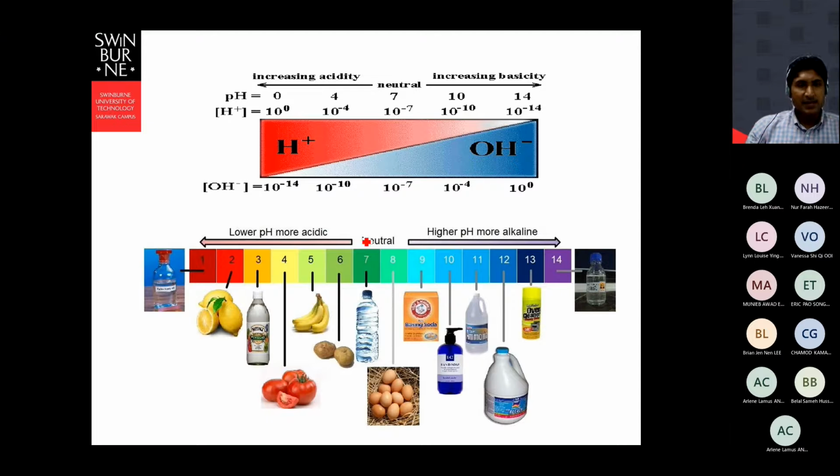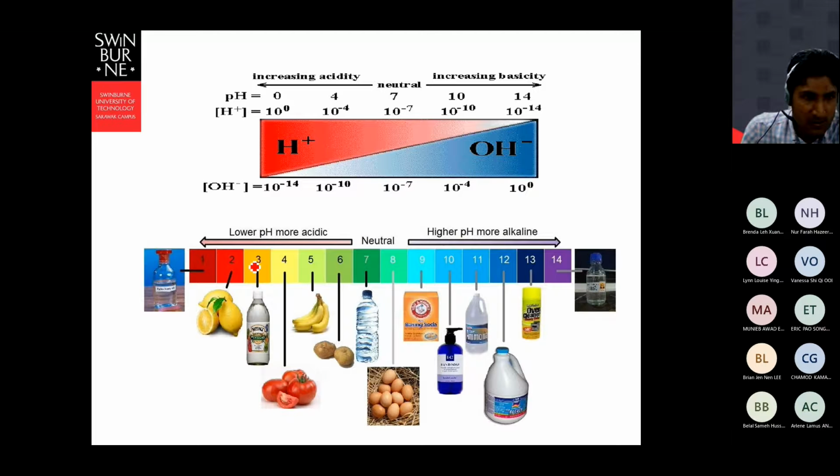And now these are the everyday things that we use. The HCl in the lab that we use is around pH 1 or less than 1, maybe. And the lemon juice that we use for our iced lemon tea or whatever is pH 2, then apple cider vinegar, all these things.